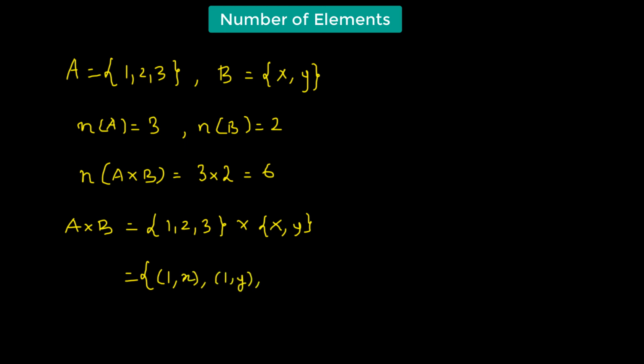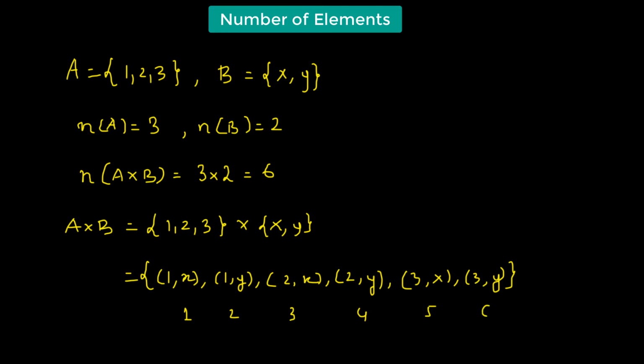Then we pick up the second element, which is 2, and form the ordered pair with the elements in set B. So we have 2x, 2y, and finally we have 3x and 3y. So we can count here that the number of elements in A cross B are 1, 2, 3, 4, 5, 6. So there are 6 distinct elements. This is how we can find out the number of elements in a Cartesian product.